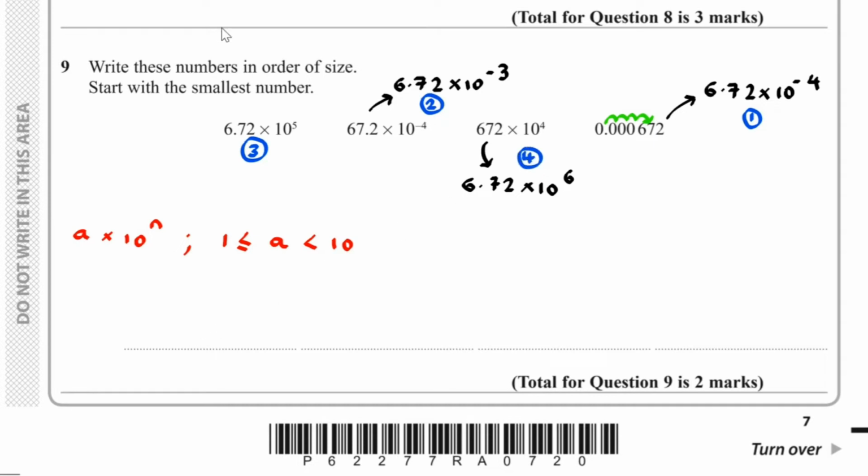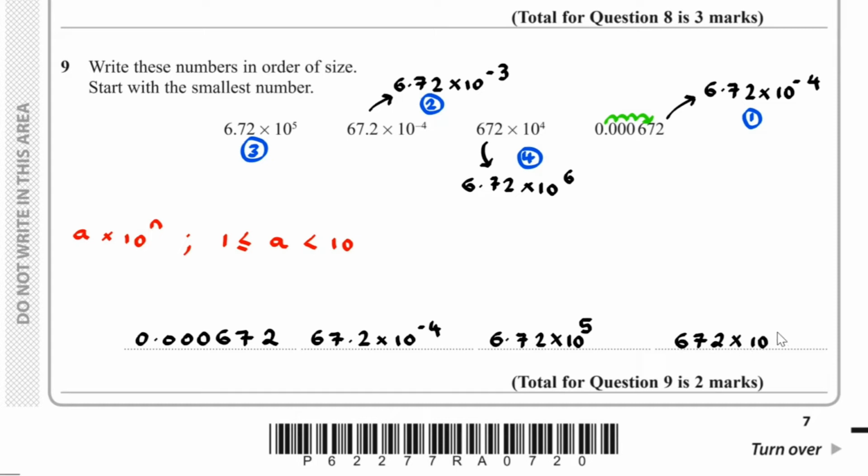So writing the original numbers, we've got 0.00672, followed by 67.2 times 10 to the minus 4, followed by 6.72 times 10 to the power of 5, followed by 672 times 10 to the power of 4.